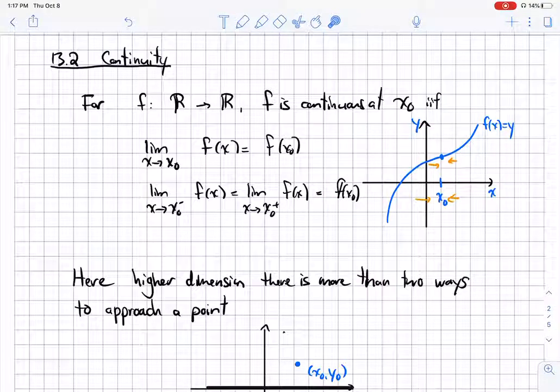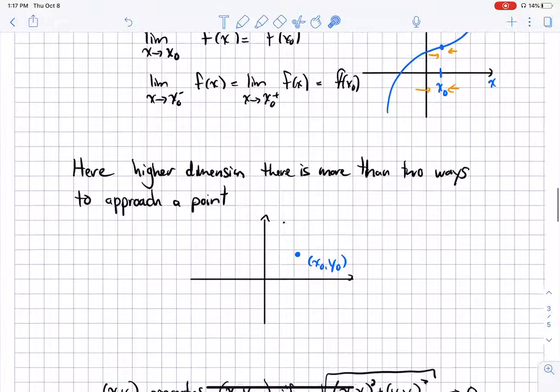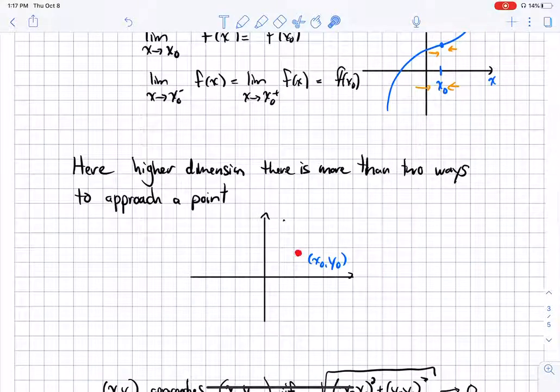Now, here is where it gets tricky, and we have to appreciate what it means to be in higher dimension. Higher dimension means more room, it means more possibility to approach a point. So let's say now my plane is my input, right? An input is a point x, y. So how can I approach that input x0, y0?